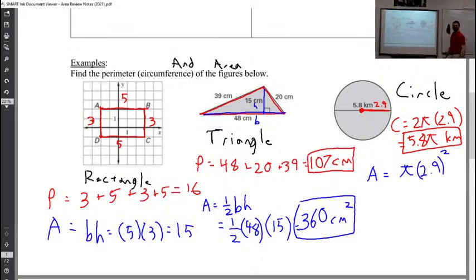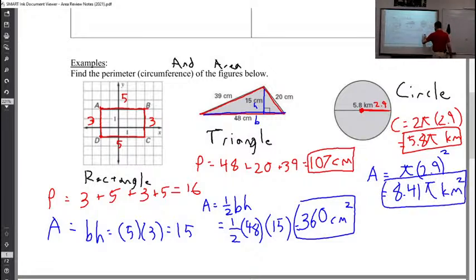Hopefully we plugged in 2.9 for our radius into pi r squared. And that's going to be 8.41. That's 2.9 squared. And then we're going to take our pi and put it at the end. And like I said, kilometers squared for our area.